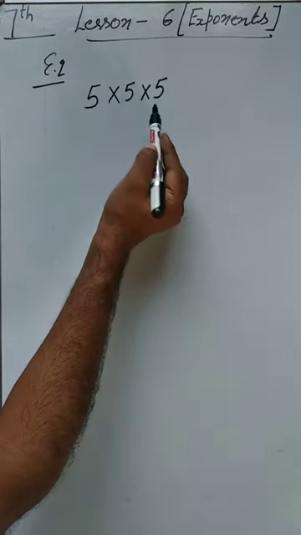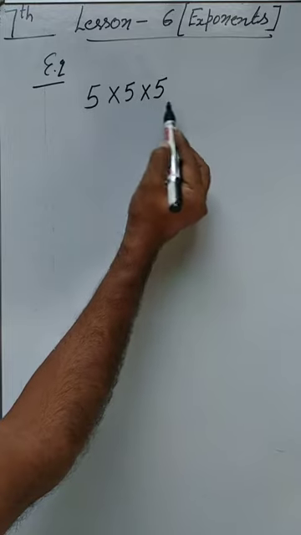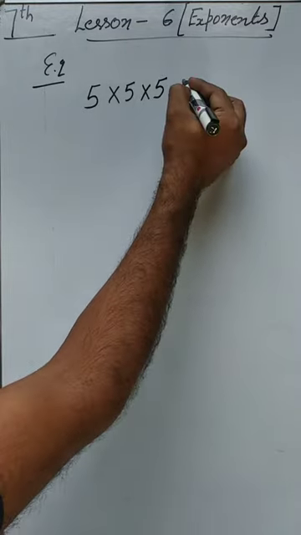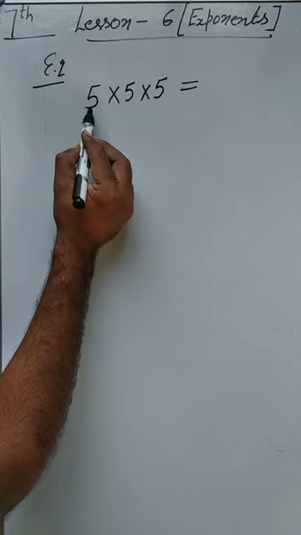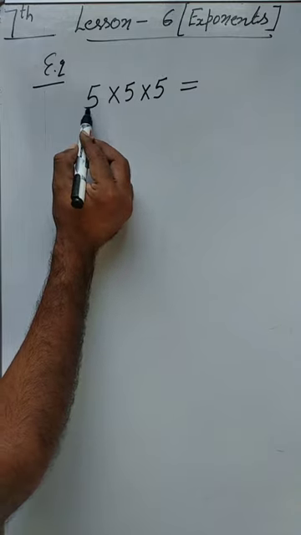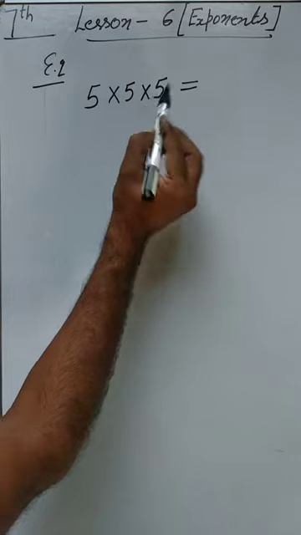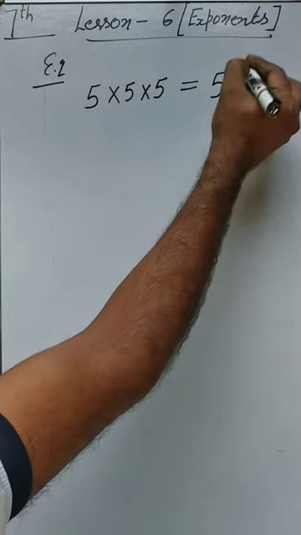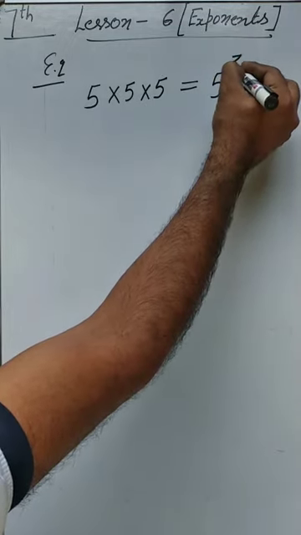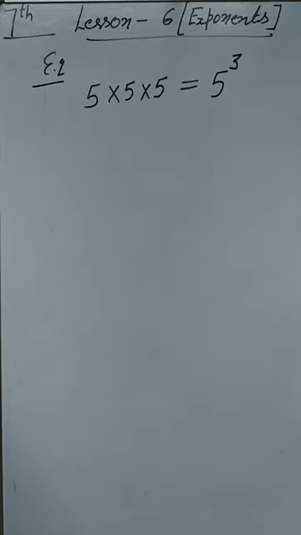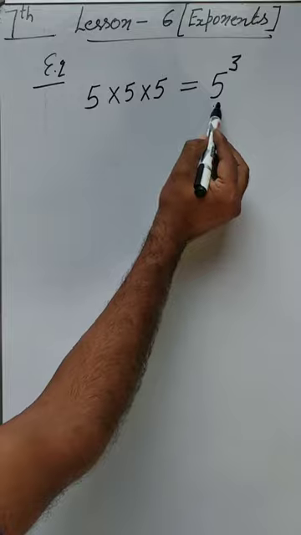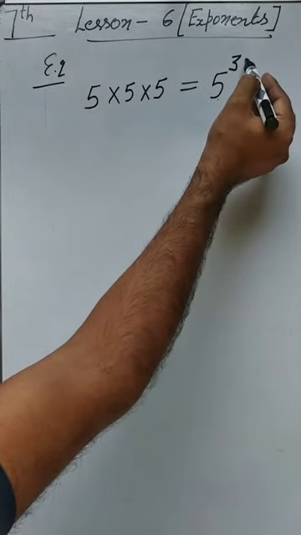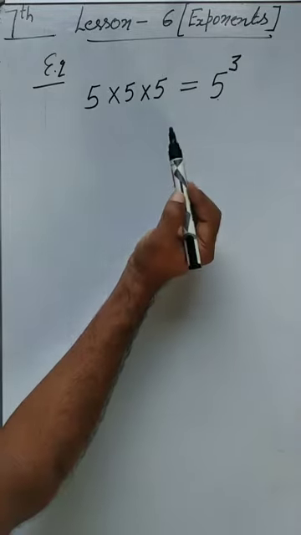For example, if I multiply it 3 times, then I can write it... How many times am I multiplying 5? 1, 2, 3. So I can write it as 5 raised to power 3. Okay, beta, I can write it in the form of 5 to the power 3.